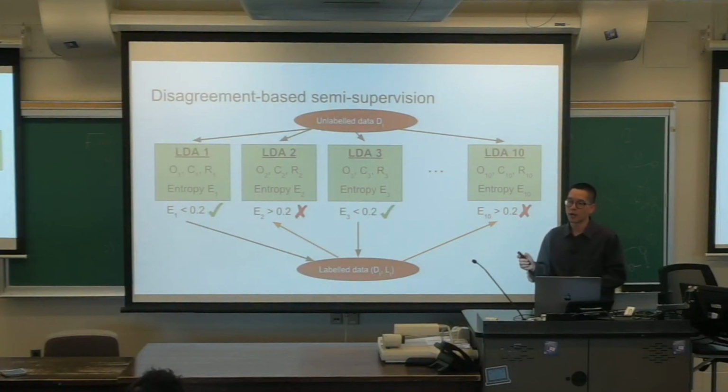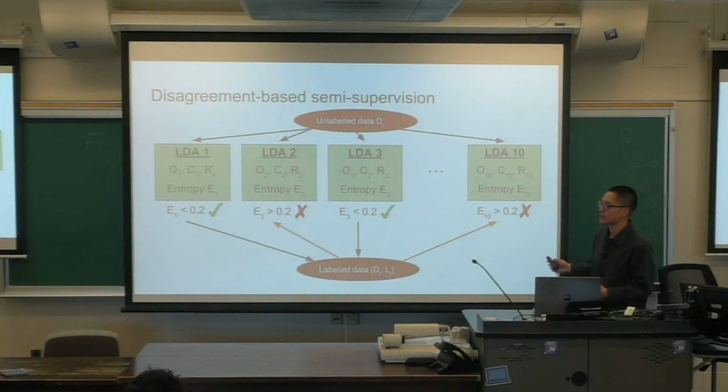Each classifier will have its own predicted probability distribution over close, open, and relax. We calculate the entropy of this probability distribution, and the entropy is used as an indicator of confidence. If you have a smaller entropy, that means your model is confident.